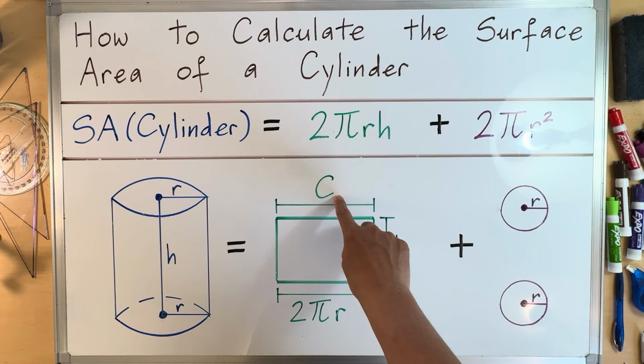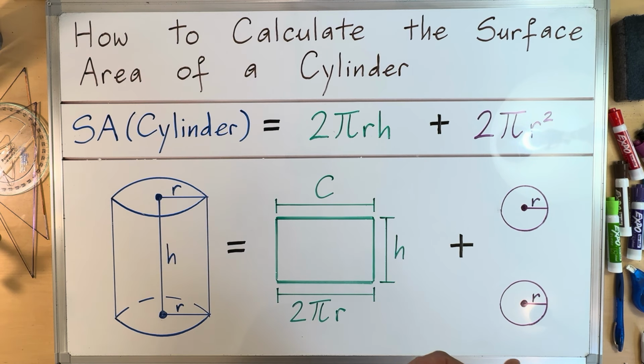And the circumference of the cylinder, which is the same thing as the circumference of a circle, is calculated as 2 times pi times the radius of the circle.